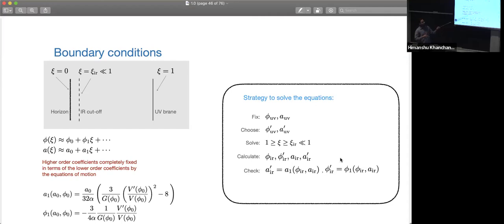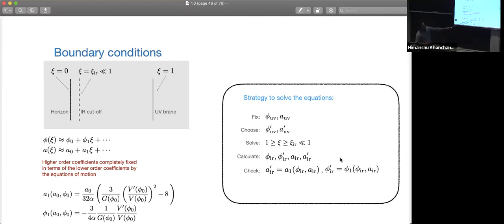So if you just plug this ansatz into the equations of motion, you find that phi 1 can only be one thing given phi naught, and A1 can only be one thing given A naught. In fact, A1 is fixed once you know A naught and phi naught. Phi 1 is fixed once you know A naught and phi naught, in terms of the other parameters of the theory. So this gives you a way to solve for this.